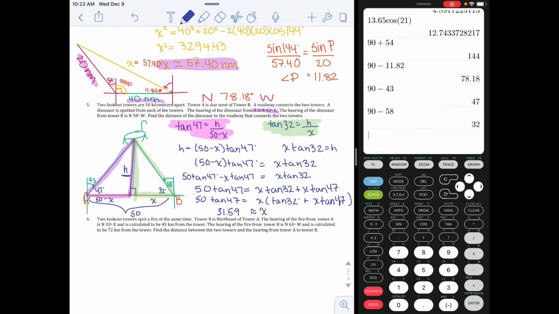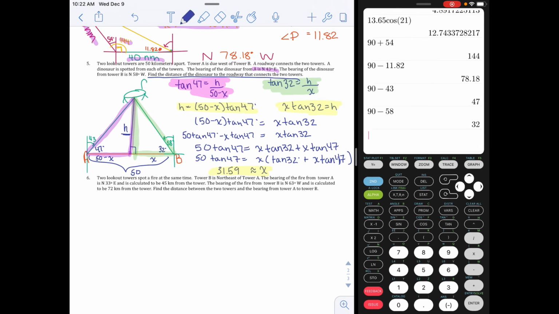I don't care about the x, right? That is not going to answer the question of how far the dinosaur is from the road. So do not stop here, guys. This is not your final answer. Pick one of the equations because they already have h equals. Plug in that x value. For me, the right one looks easier.